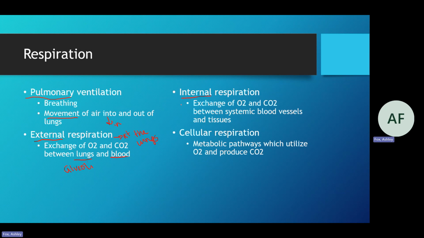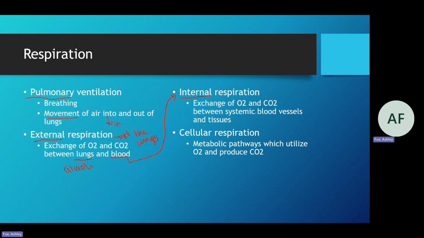External respiration, even though this is still inside because this is in your chest, we consider external because it's exchange with external air that came in. Internal respiration is gases that are already in your blood. So they go from your blood to the tissues.